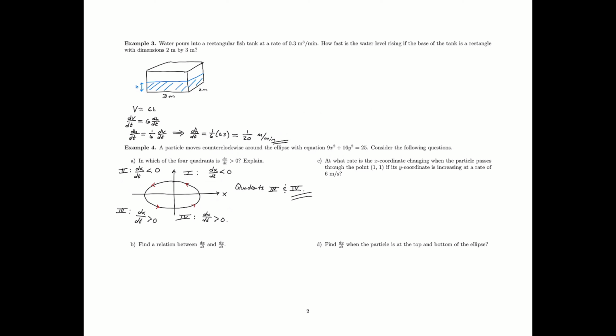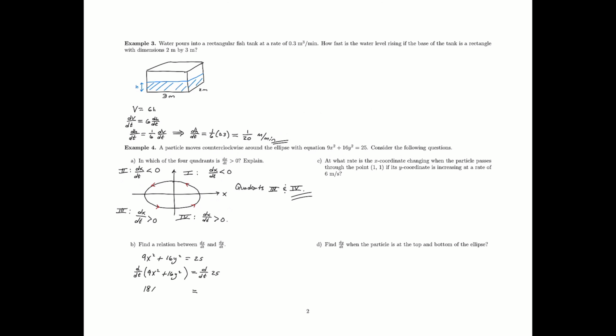So now we're asked to find a relationship between dx dt and dy dt. Well, we know the equation of this ellipse is 9x squared plus 16y squared equals 25. If we go ahead and differentiate each side with respect to t, we'll derive such a relationship.